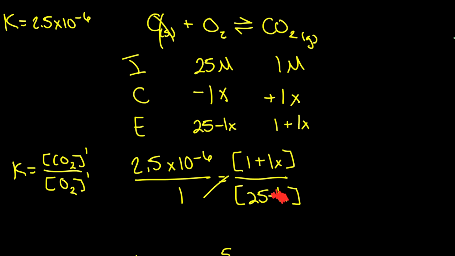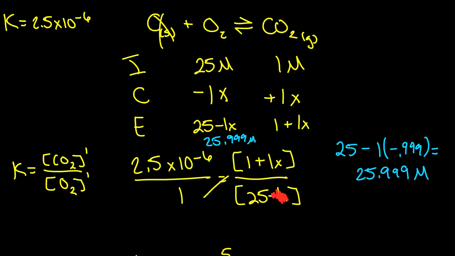So let's see what we can figure out here. So for the first one, 25 minus 1x. 25 minus 1 times negative 0.999 gives us 25.999 molarity. So the concentration of O2 at equilibrium is 25.999. Now for CO2.